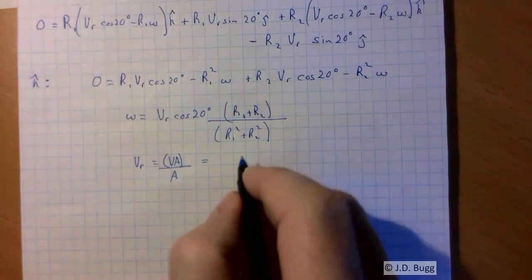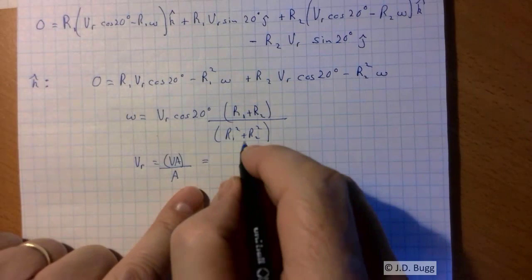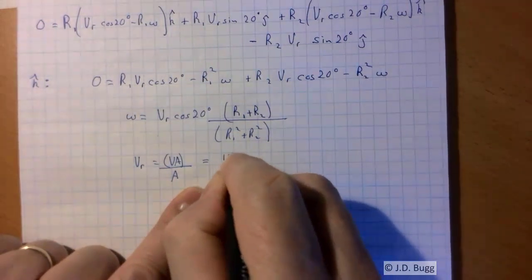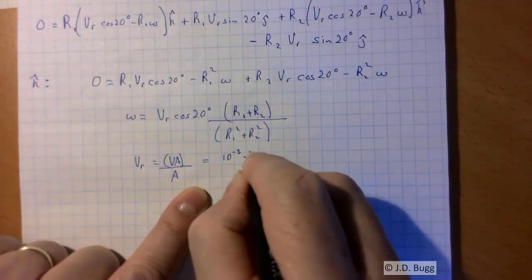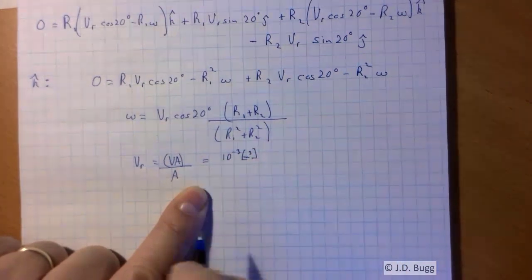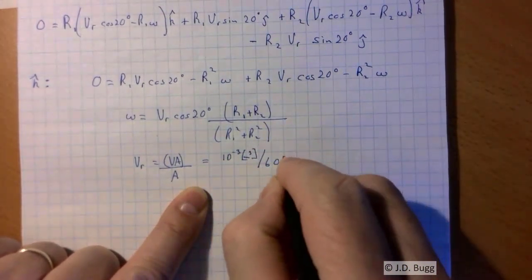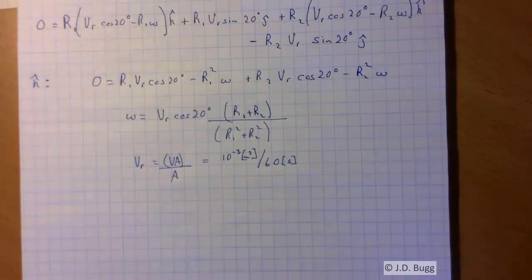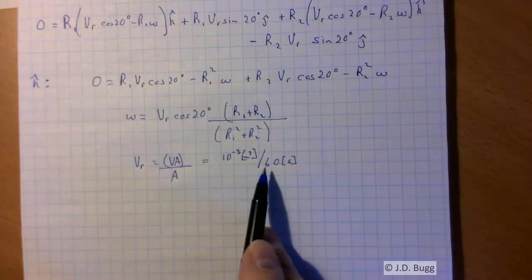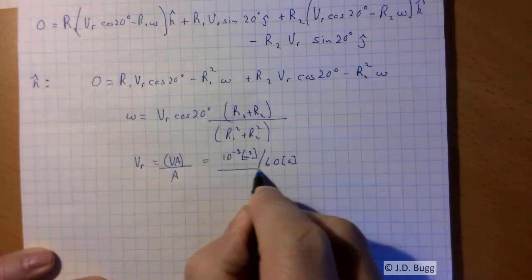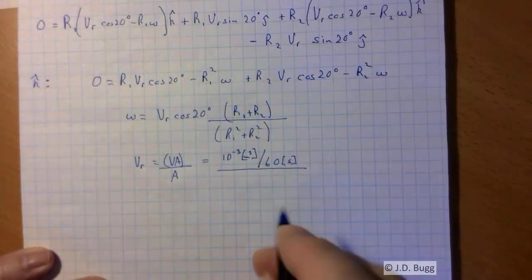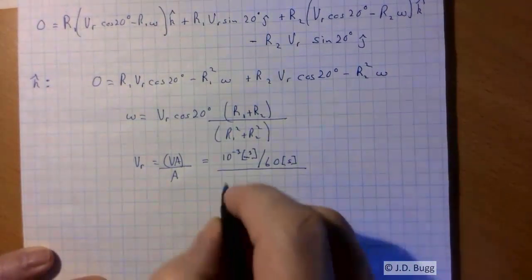So a liter, there's 1,000 liters in a cubic meter. So there's 10 to the minus 3 meters cubed. That's our liter, divided by 60 seconds, because it's a liter per minute, and we need this to be in cubic meters per second. So that's our volume flow rate. And then divide that by the cross-sectional area.